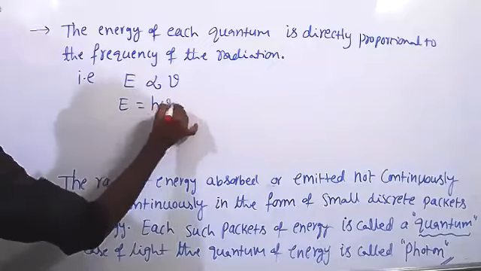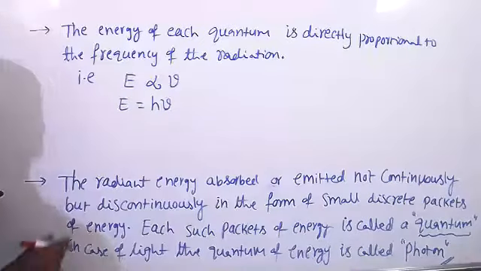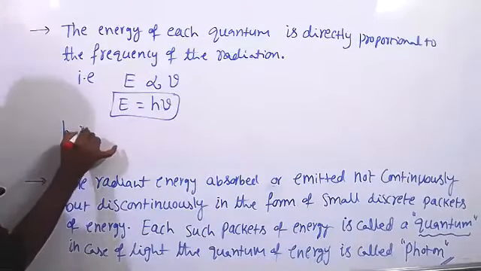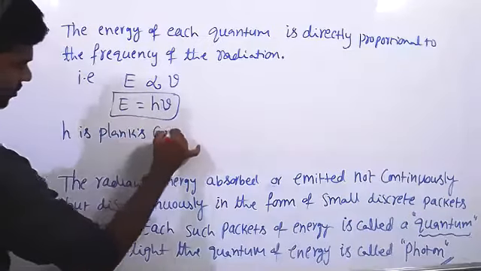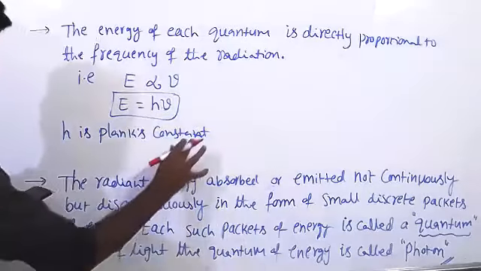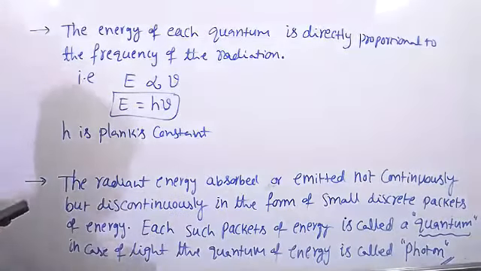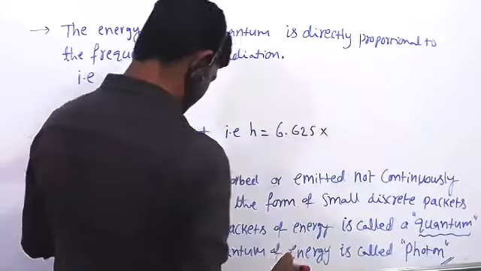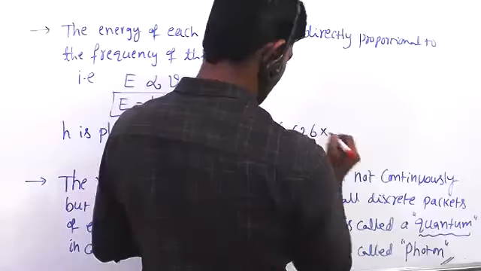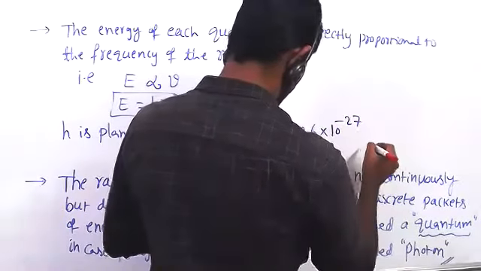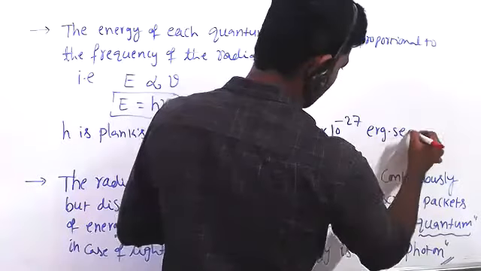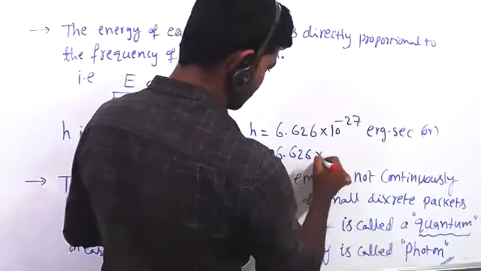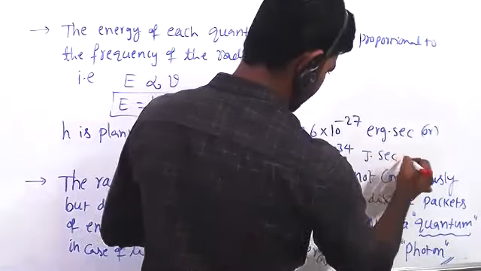So E is equal to h nu. h is Planck's constant. h is equal to 6.626 into 10 power minus 27 erg second, or h is equal to 6.626 into 10 power minus 34 joule second.